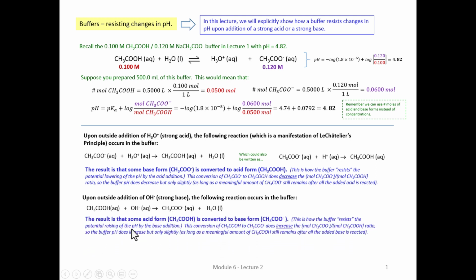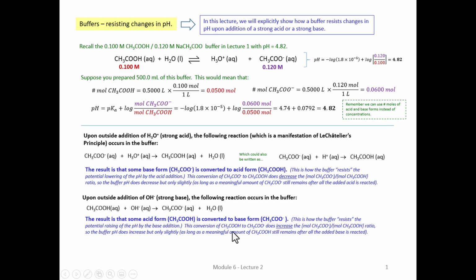And the result is that some acid form is converted into base form, and that's how the buffer is resisting the pH going up drastically, because it's basically eating up the hydroxide that you're adding from the outside by converting some acid form to base form.